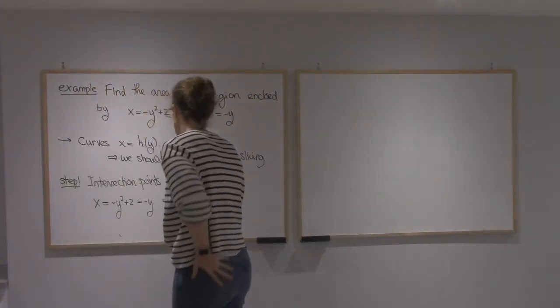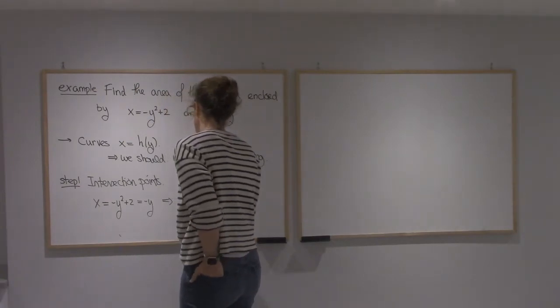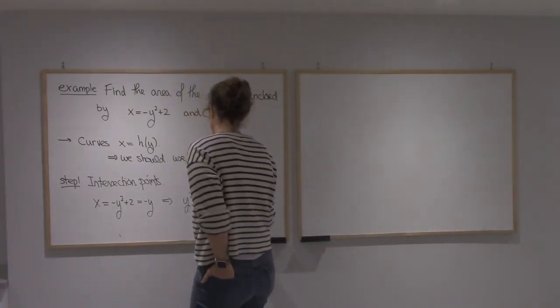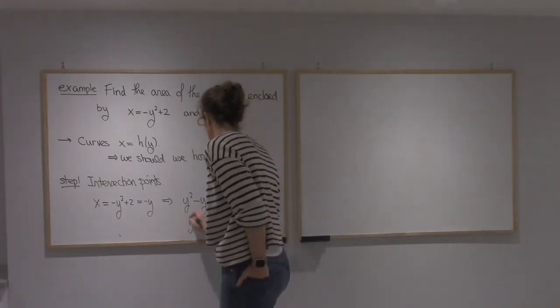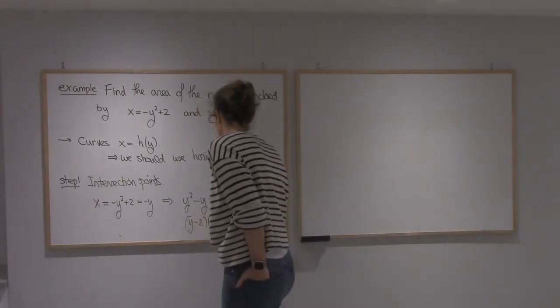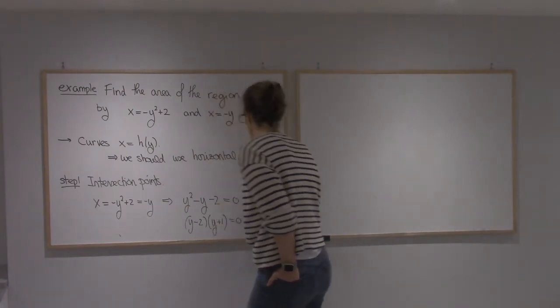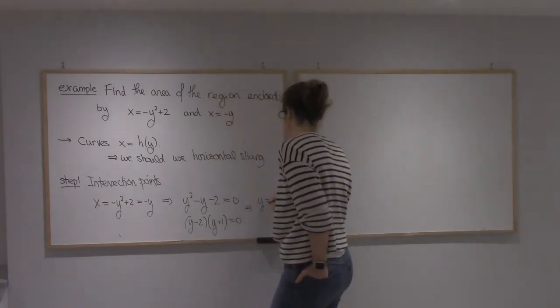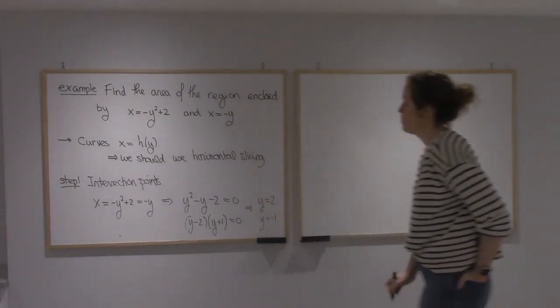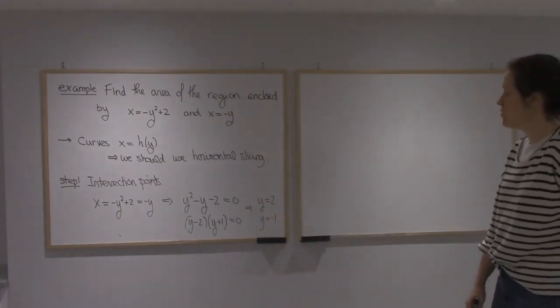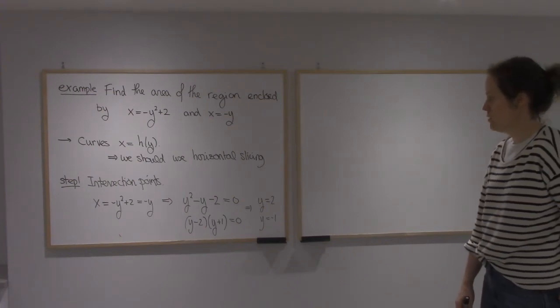And so we get y squared minus y minus 2 is 0. That's y minus 2 times y plus 1 is 0. So I get 2 points. I get y equals 2 and y equals minus 1.